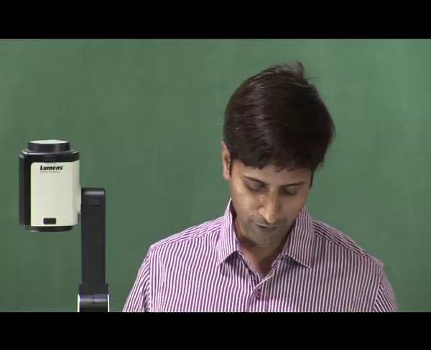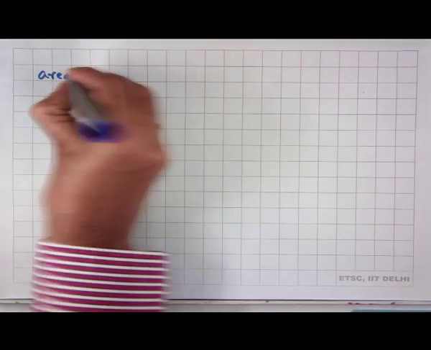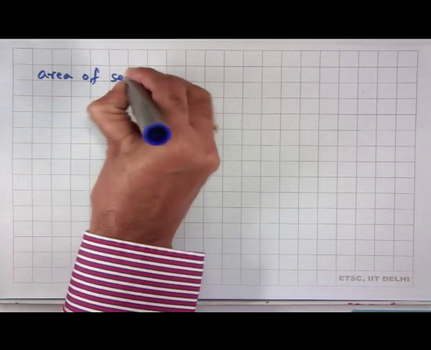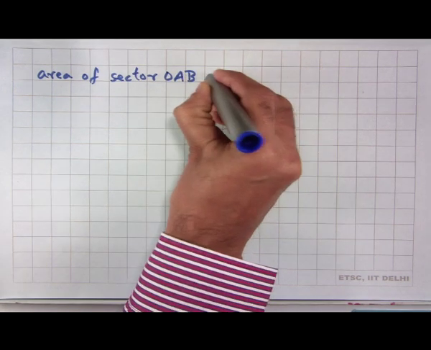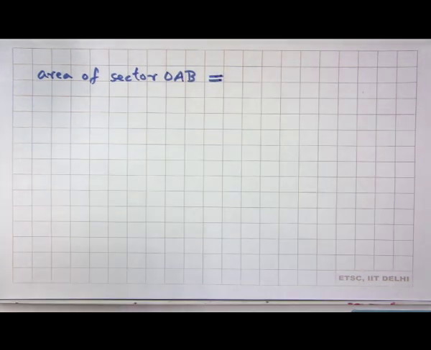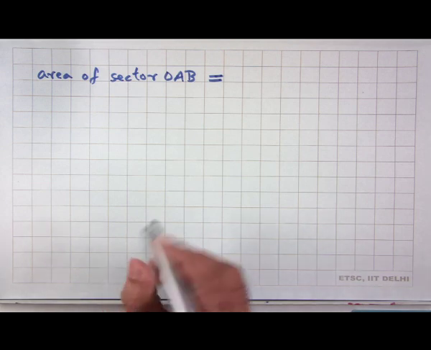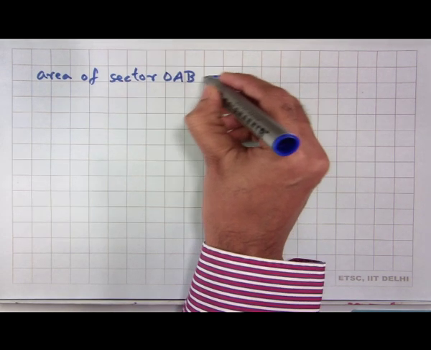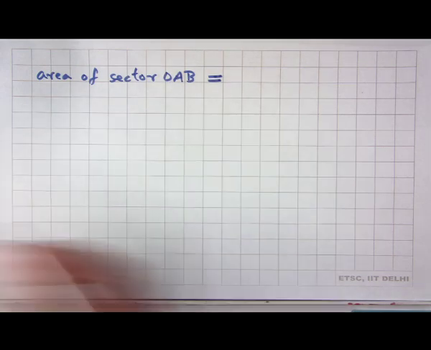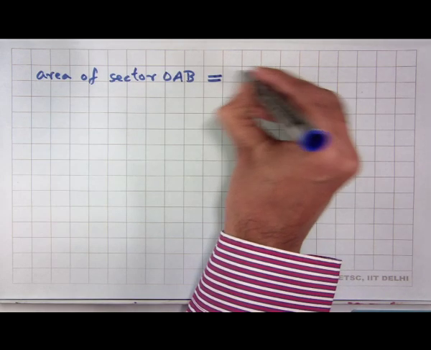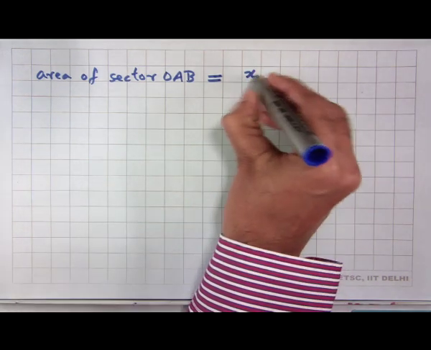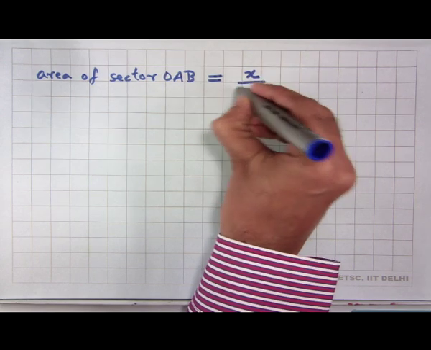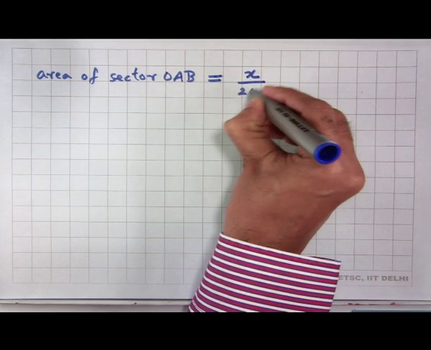Now, what is the area of the sector? Area of sector OAB. So, the area of the sector is in the ratio of the angle. So, we have the angle is x divided by the total angle of the circle, which is 2 pi radian.